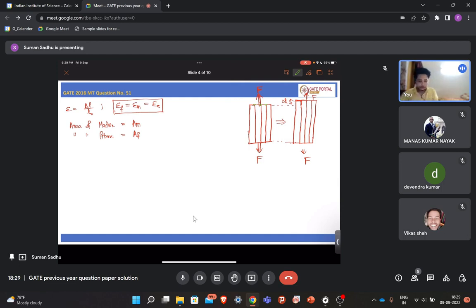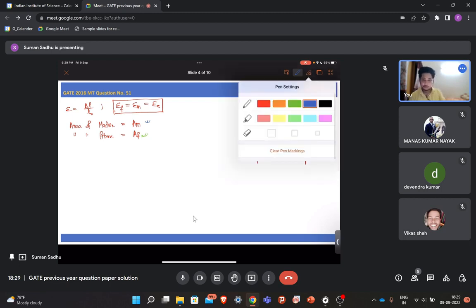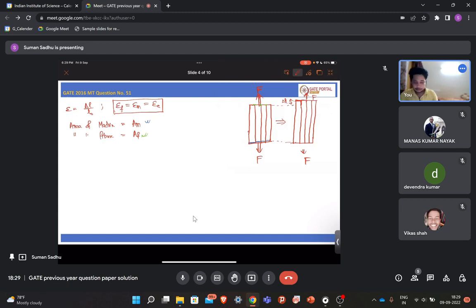If you accumulate the total area of the fiber, it is AF, and if you accumulate the matrix part, this area plus this area plus this area, let's say that is AM. Now you know the relationship between force and stress, right? Sigma F will be the force on the fiber divided by the area of the fiber. Similarly, sigma M will be the force on the matrix divided by the area of the matrix.